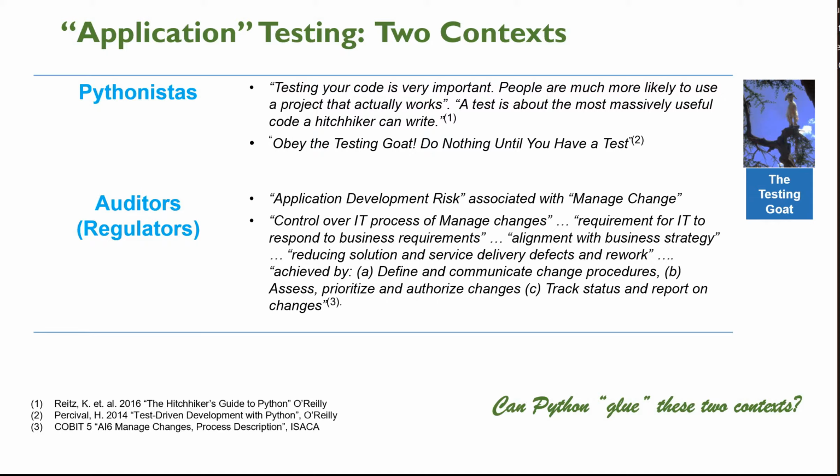And from the auditing point of view, testing is of interest because it has to do with change. And you can see here the framework I got from ISACA. ISACA is an organization on IT auditing, and they have a framework which is now called COBIT version 5.